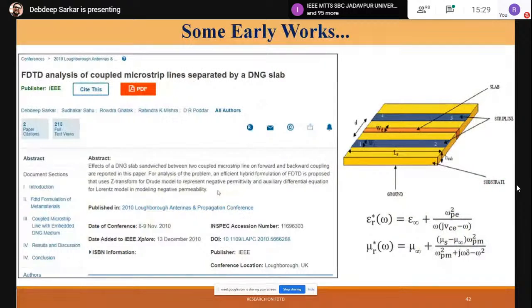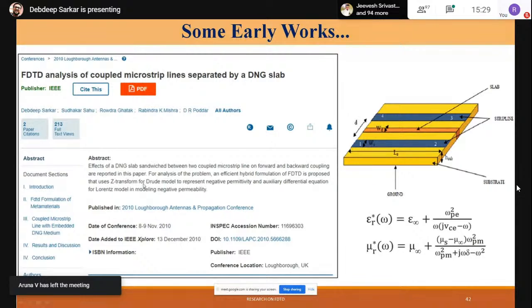A little bit about my exposure to FDTD: during my undergrad I was fortunate, as I got this topic for a project, though at that time I did not have much idea. Professor D.R. Poddar, Professor Rudra Ghatak, and Professor R.K. Mishra guided me.